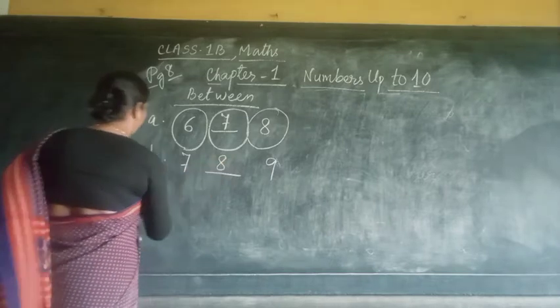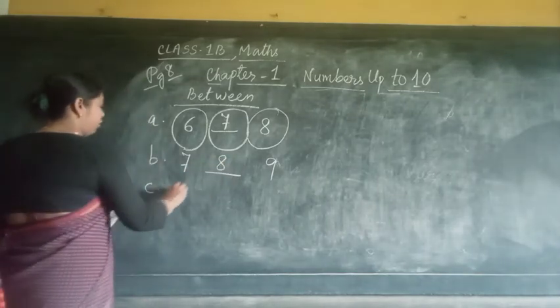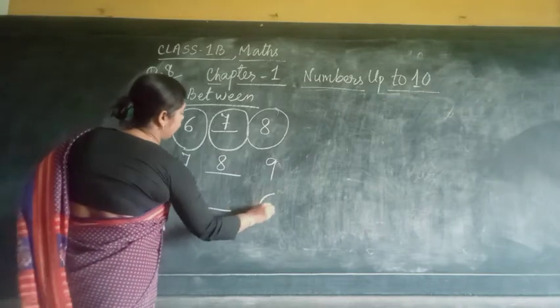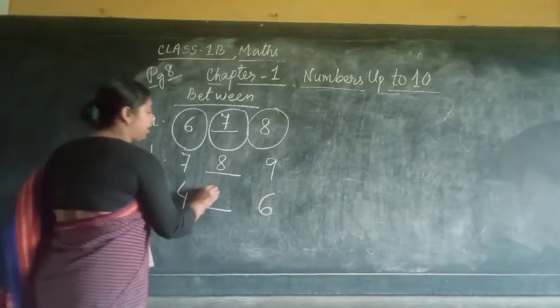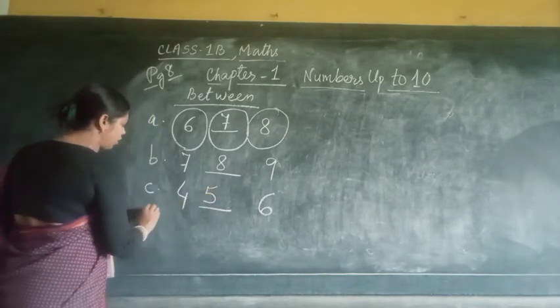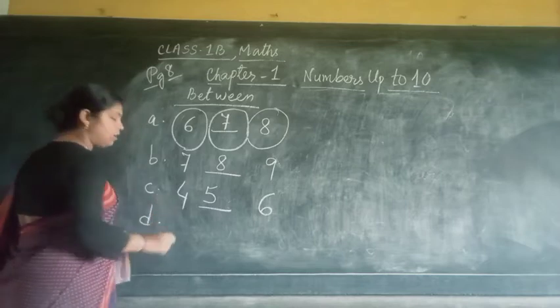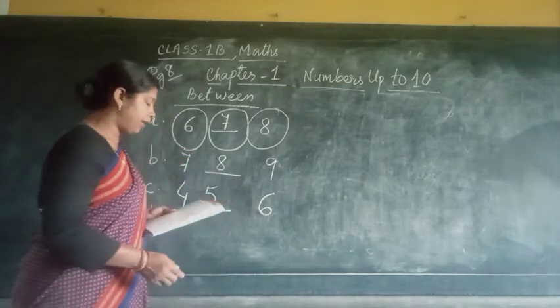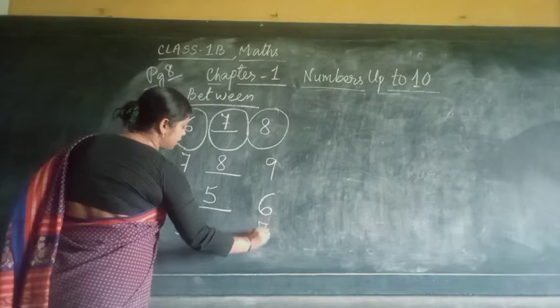Okay. Alright. Next you see C. 4 dash 6. What comes in between 4 and 6? Maths, you have to practice every day, isn't it? Okay. 5-7. You see here, 5-7.